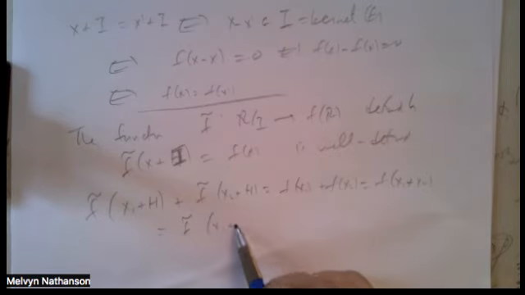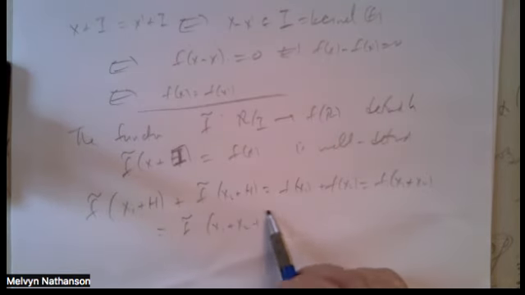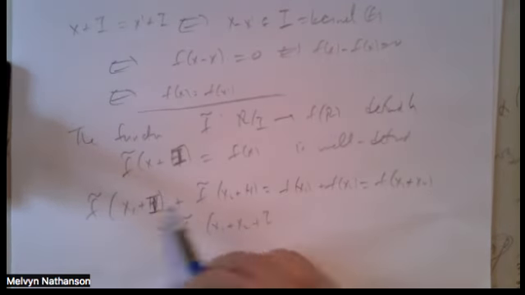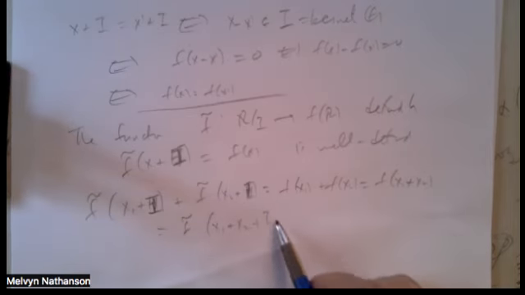This is F of X1 plus X2, which means this is F tilde of X1 plus X2 plus I. This should be an I here, not an H, which is F tilde of X1 plus I plus X2 plus I. So F tilde satisfies the first condition of a ring homomorphism.